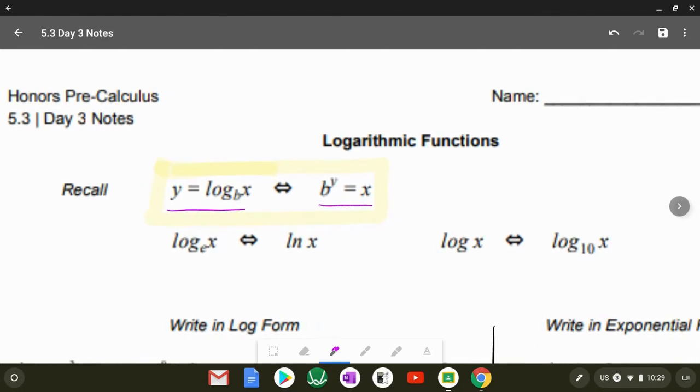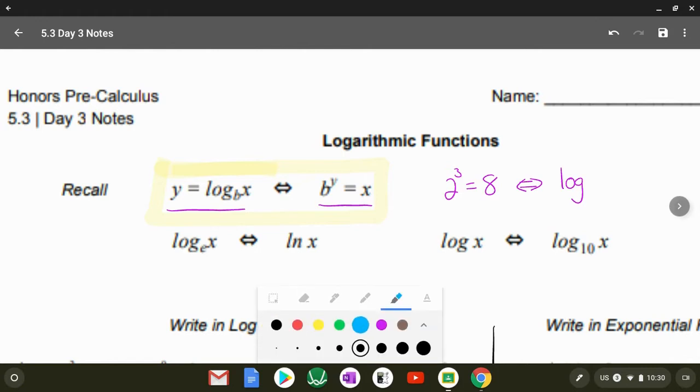Okay, so if I have an example here, let's start with an exponential function. We know 2 to the third equals 8. Well, if I needed to convert to log form, I would take the equation, and because I'm going from exponential form, which has an exponent in it, to log form, I have to have a log in it.